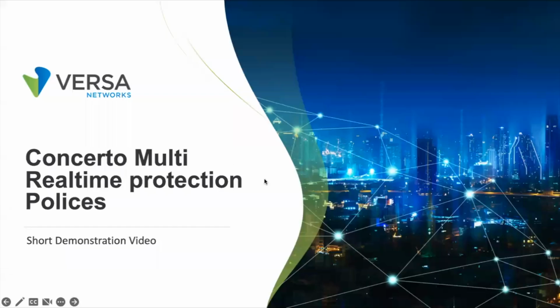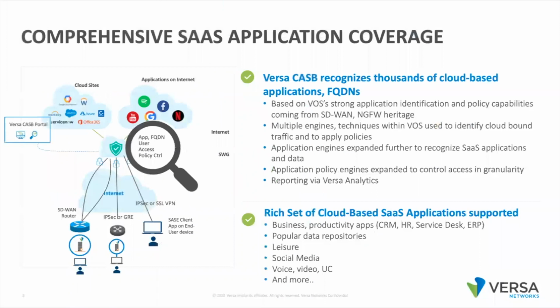Hello everyone, I'm going to show you Concerto multi-real-time protection policies. Today I'll be on a client PC connecting via the Versa Secure Access client towards the Versa Cloud Gateway.